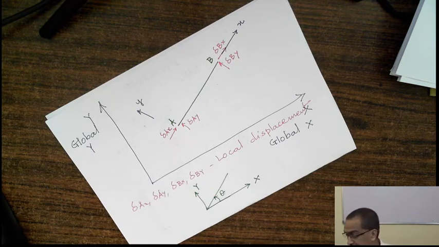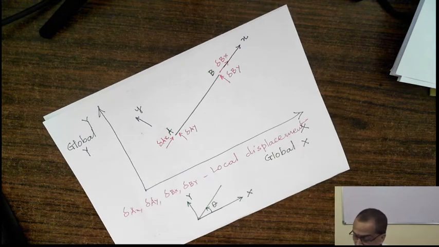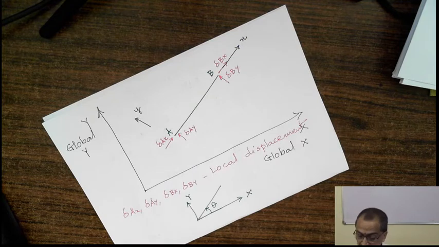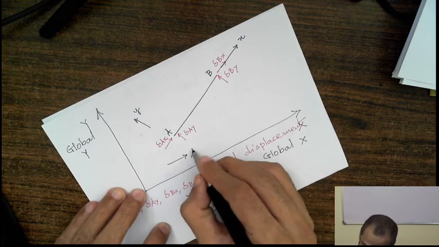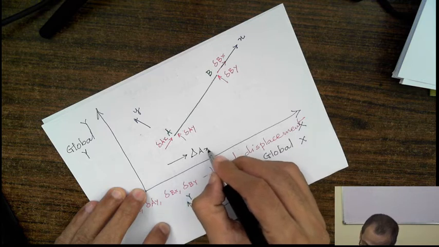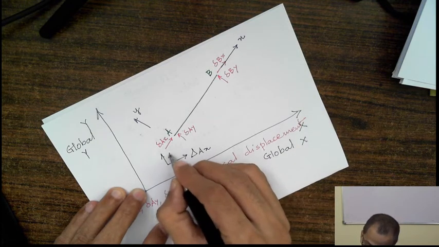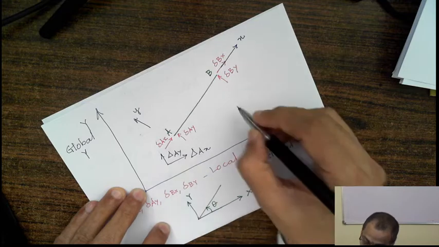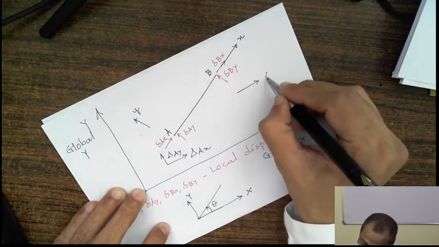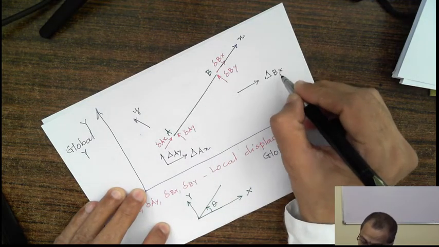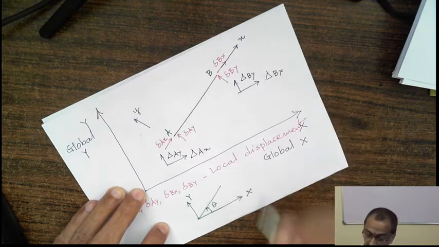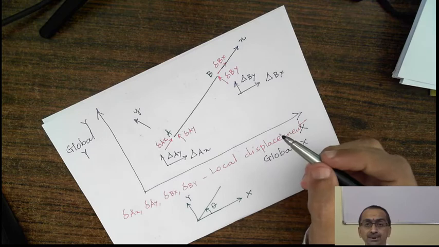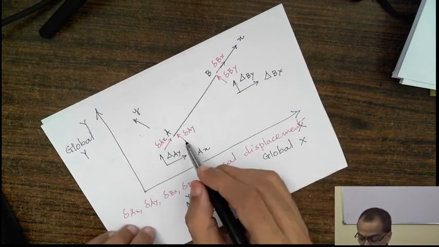And now let us consider that I am writing my global displacements in some other notation. Let us say I am writing this as del AX, del AY, del BX and del BY as global displacements at A and B. These are the local displacements.